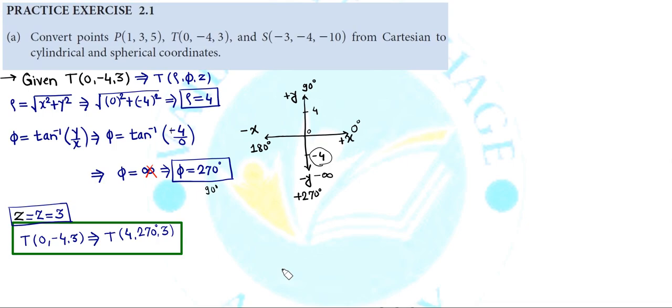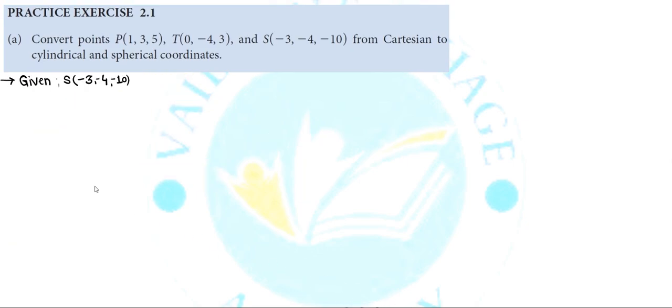Now we are going to find the conversion for your point S, given as minus 3, minus 4 and minus 9. We are going to convert these coordinates of S from Cartesian into cylindrical values. Earlier we went through that conversion.